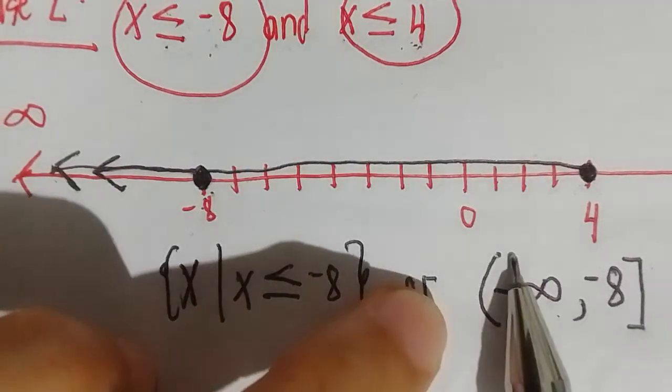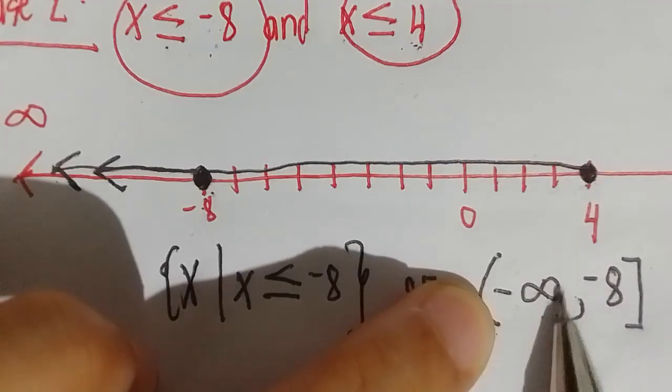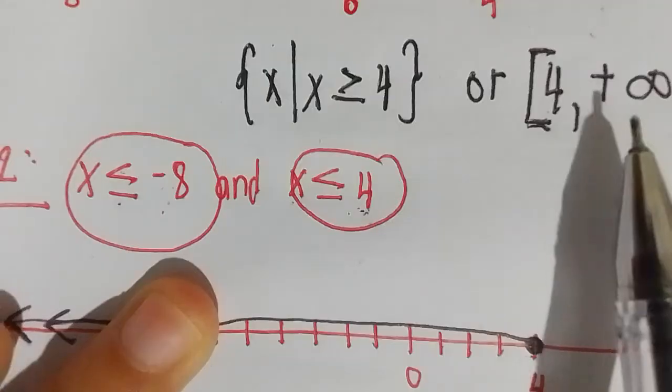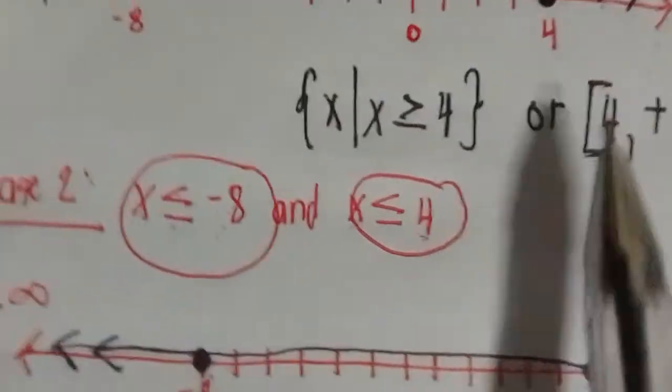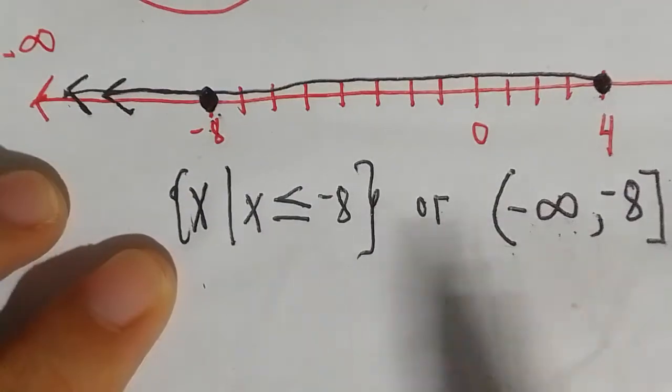Mo ni siya nga open parenthesis negative infinity. Ari na to sa left side atong isuwat ang negative infinity. Ang positive infinity sa right side na to siya isuwat. So, mo na ni siya ato ang case 1 nga solution set and then the case 2 nga solution set.